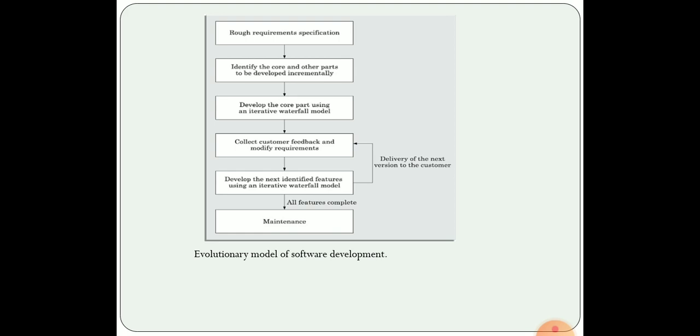But in the evolutionary model, first a rough requirement specification is formed. That means it provides provision for adding many more requirements at any stage of the development process. So based on that rough requirement specification, the development team identifies the core part of the software.